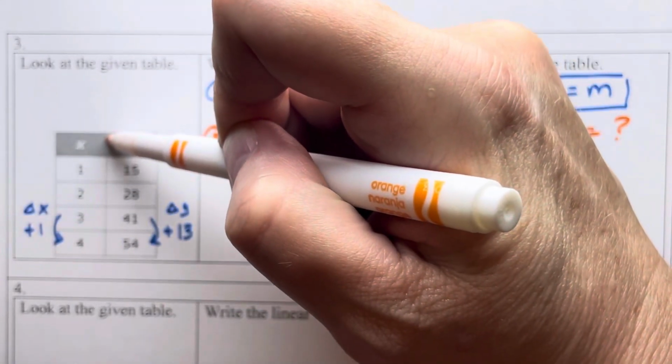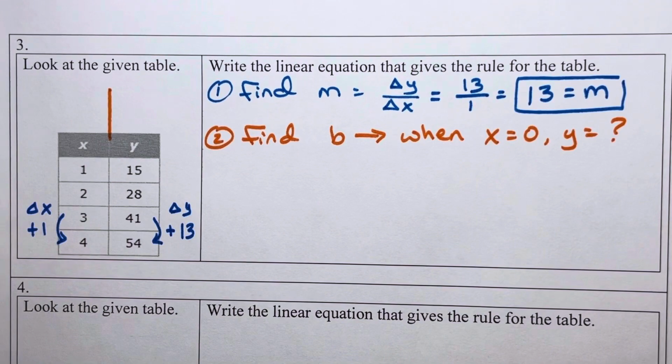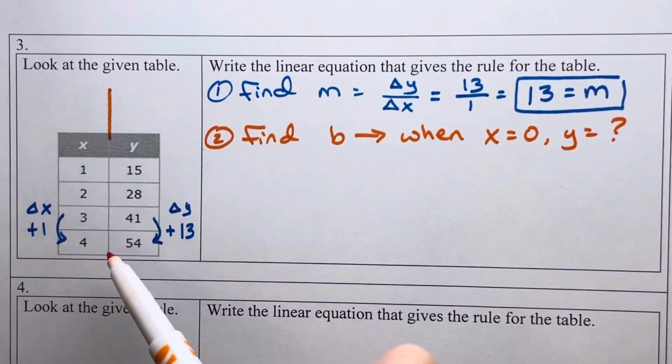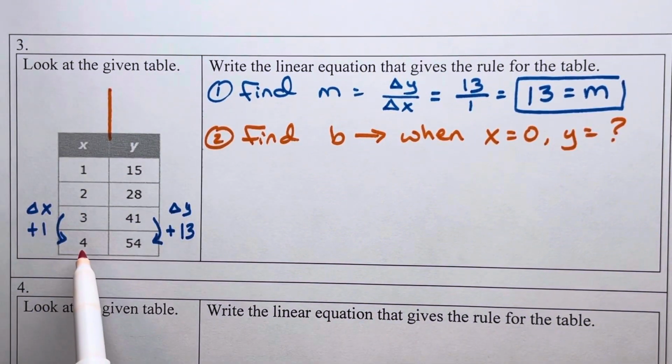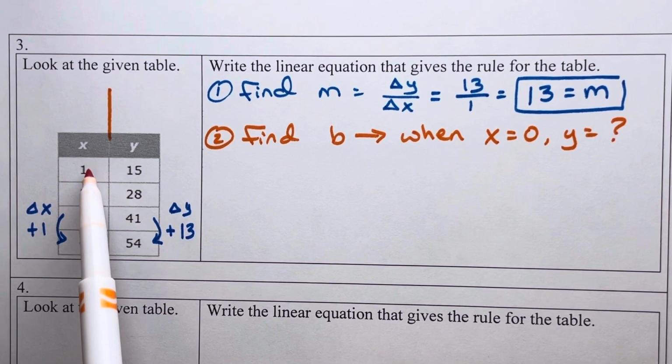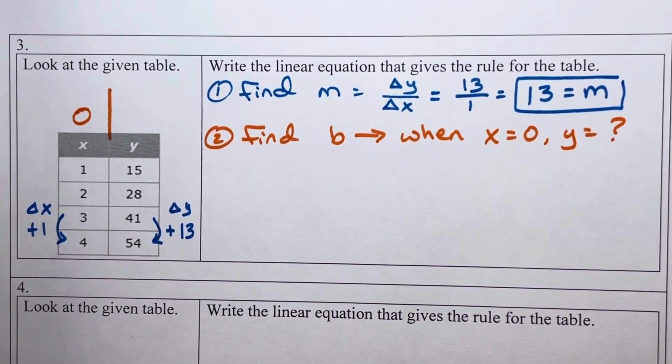We do that by extending our table upward. If you're doing this on paper or on a whiteboard, you might want to write out this table giving you some room above it so that you can say, okay, I need x equaling 0. Let's look at our x values. 4, 3, 2, 1. I just need to go one step backwards to 0.